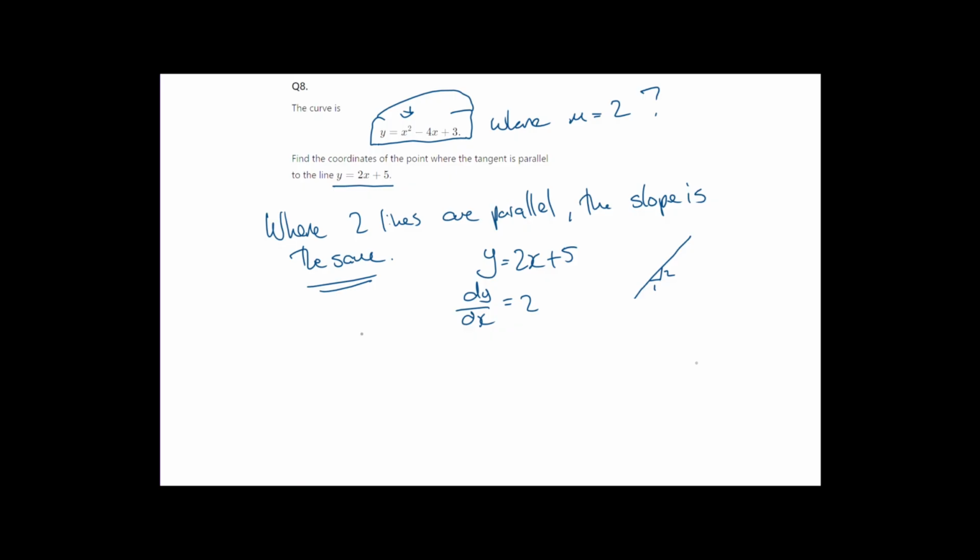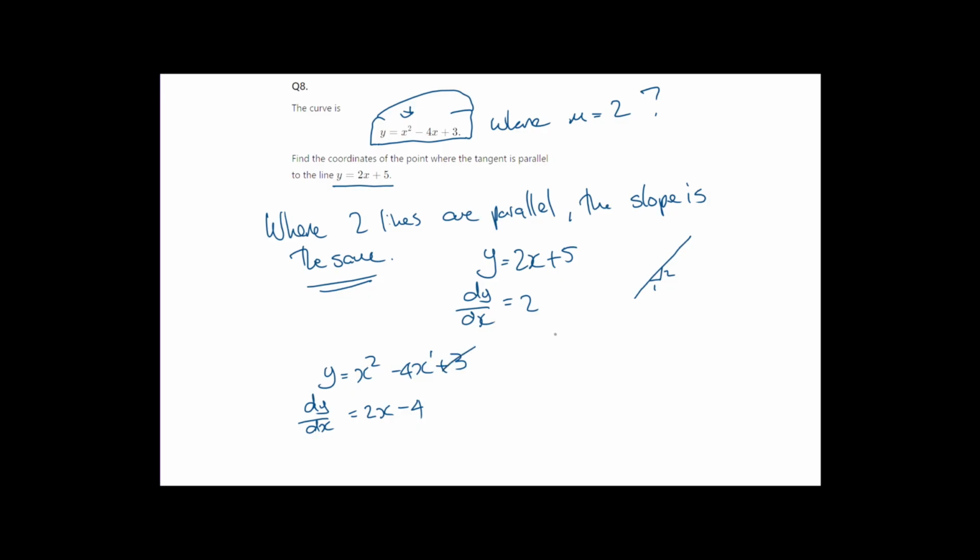So let's solve it. Where does this equal 2? Well, if the original function is that, and we want to find the gradient, we're going to need to differentiate it. So the 2 comes out the front. 2 times 1 is 2, and there's a 1 here, so 1 times negative 4 is negative 4.